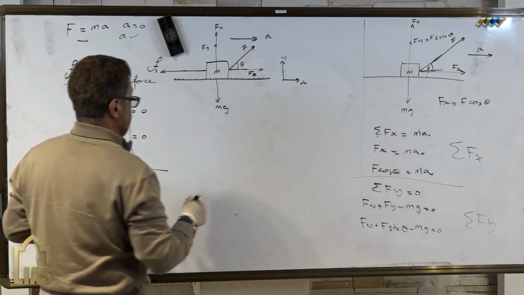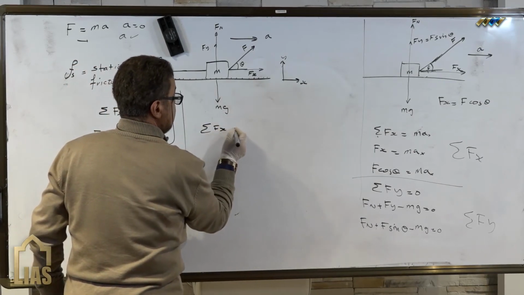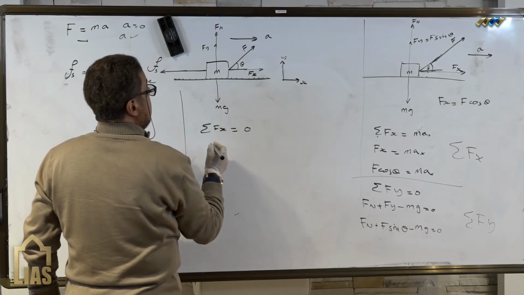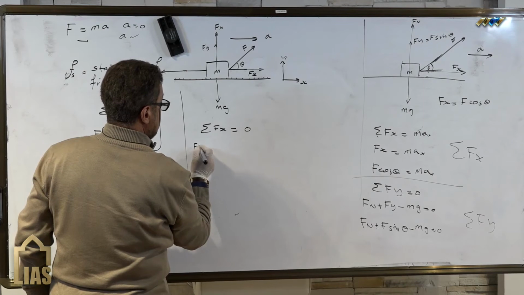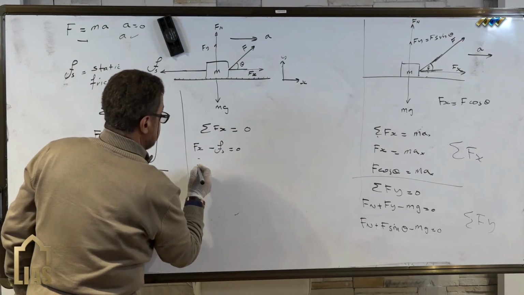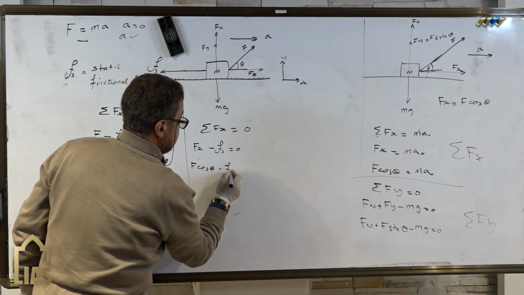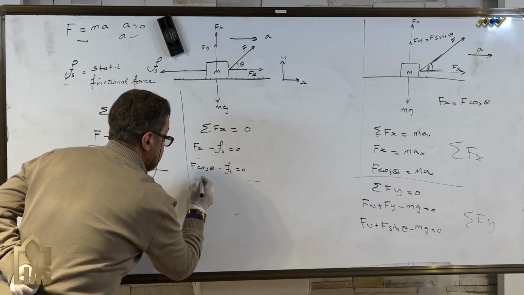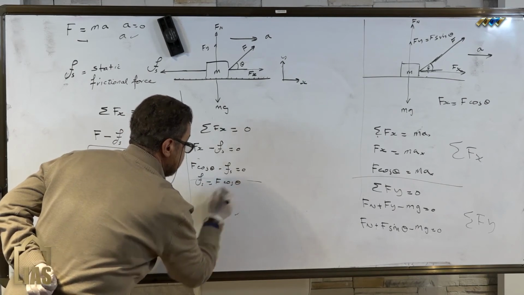In this case, sigma Fx is not moving, then ax is 0. What we have here is Fx minus Fs is 0. Fx is F cosine theta, so F cosine theta minus Fs is equal to 0, or Fs is equal to F cosine theta.